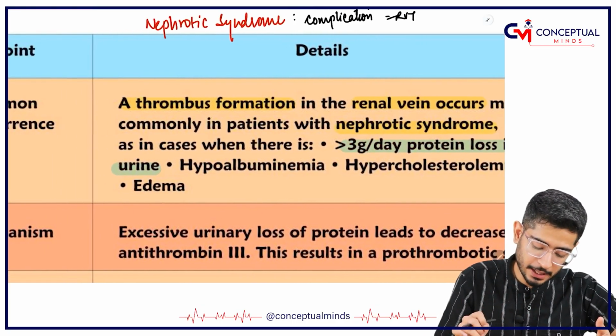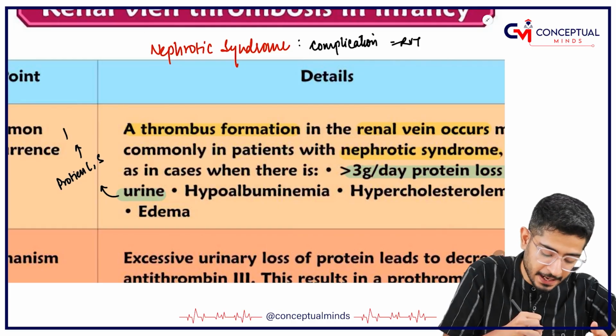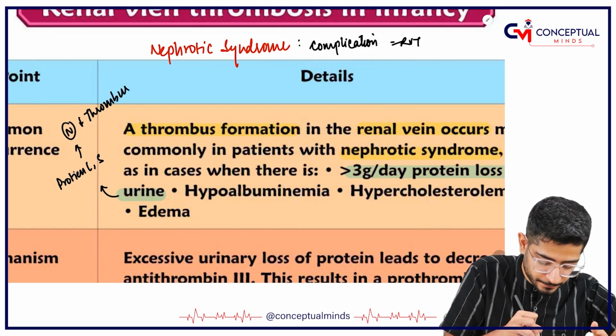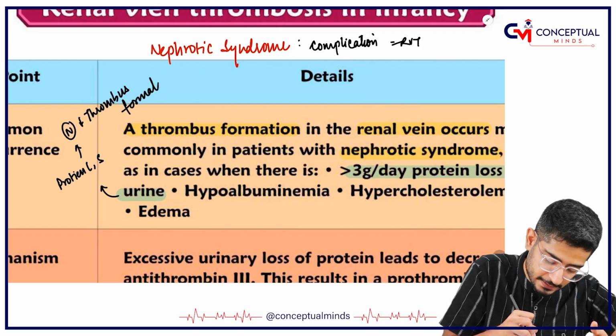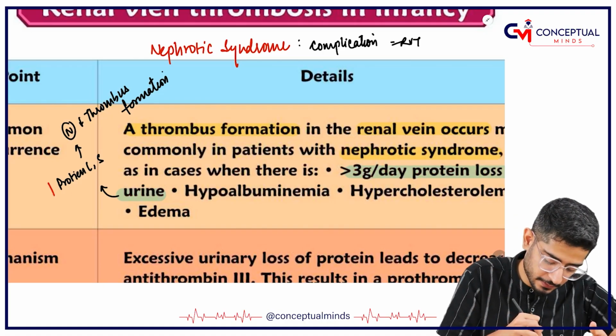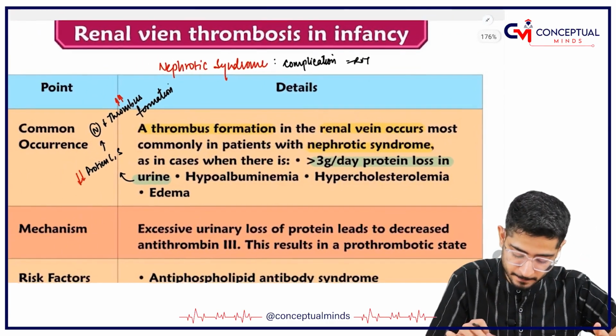What happens is that there is a loss of protein C and protein S, which are factors that normally decrease thrombus formation. Because they are getting lost, there will be an increase in thrombus formation.